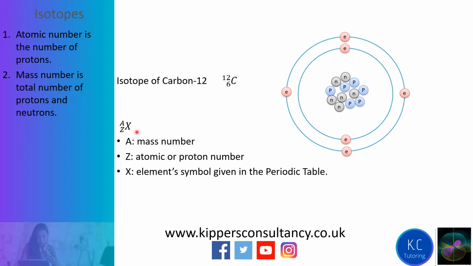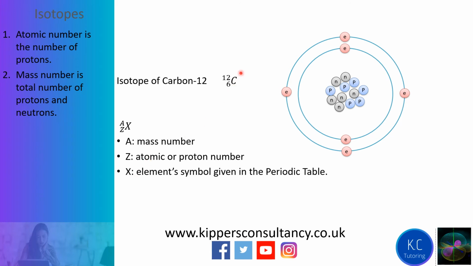What we can see is that the top number, the 12, is the mass number. The lower number, Z, is the proton number or the atomic number. Remember, the fact that there are 6 protons also tells us that this is the 6th element in the periodic table.